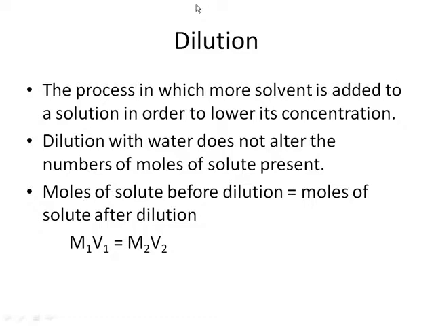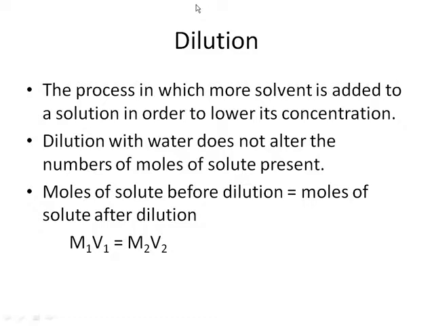Dilution basically is the process in which you add more solvent to a solution in order to decrease the concentration. So dilution with water does not alter the number of moles of solute present. In fact, dilution with water never alters the amount of solute you have. It alters the amount of solvent you have.